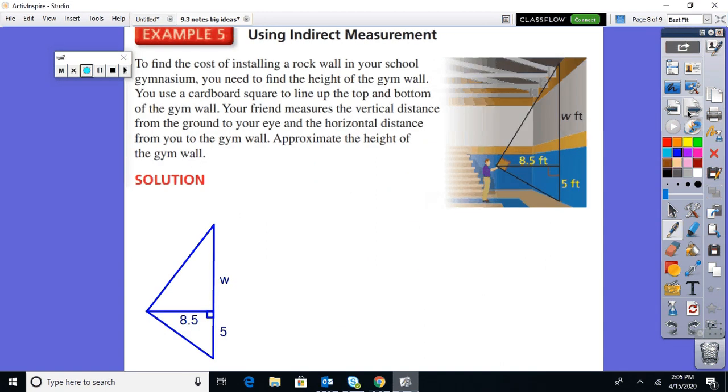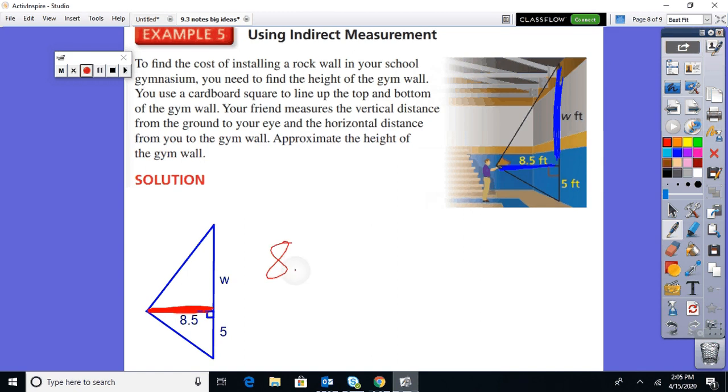All right, example 5 puts a little twist on it, but it's still the same concept. I am looking at this picture here. Now they give me the altitude to the hypotenuse, and I'm missing one of the little pieces of the original hypotenuse that it got busted up into. So same process though, guys. My geometric mean, 8.5, is the altitude to the hypotenuse.